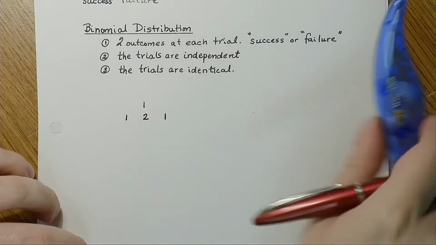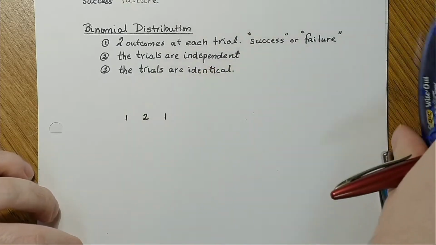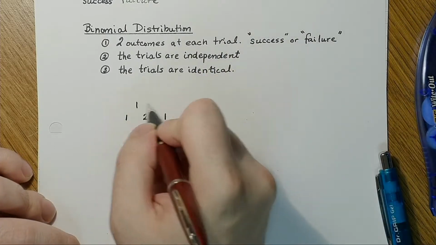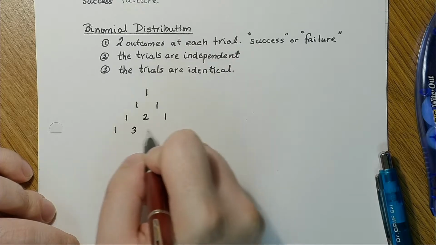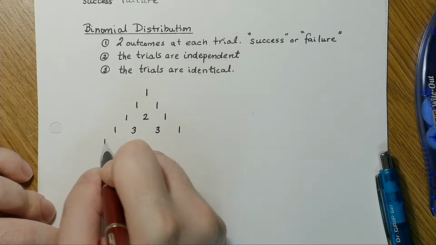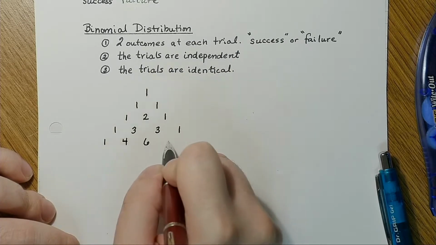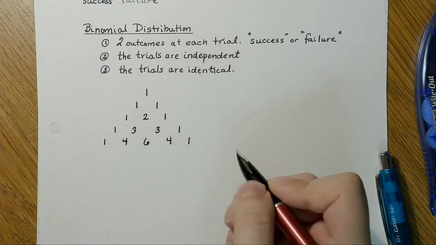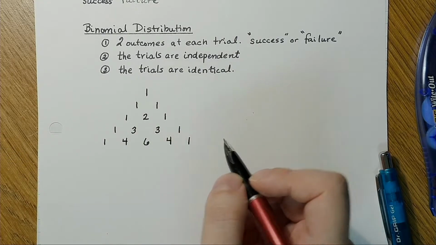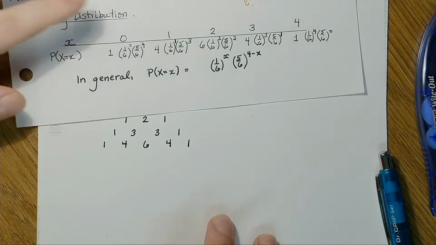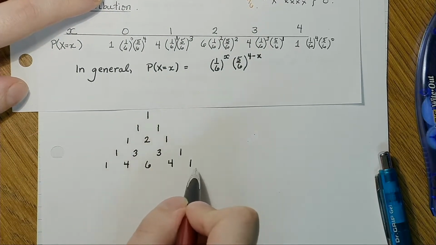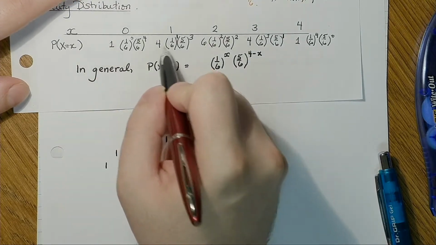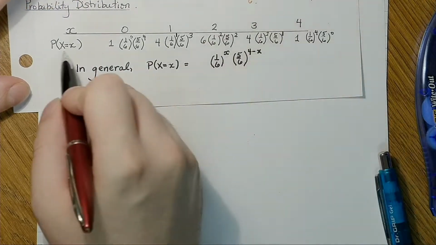I always write it like, I should write it a little better. There we go. Look at that. Those numbers that I had written here, 1, 4, 6, 4, 1, show up again in this probability distribution.